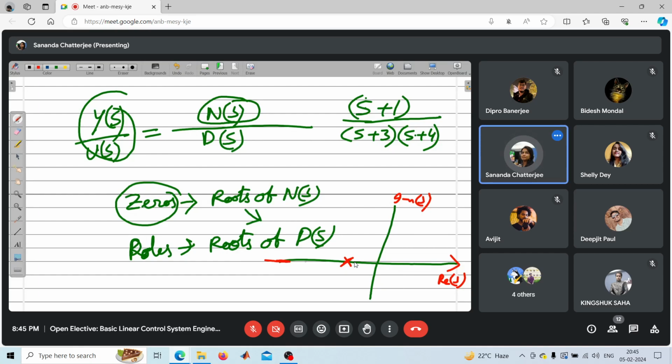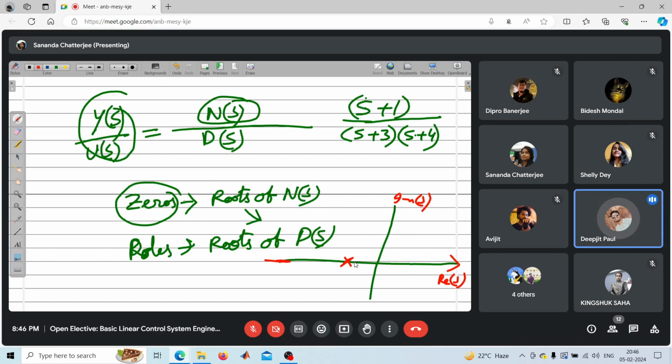So if we try to represent it in 3D, it will be a pole, an infinite amplitude point. There will be a shoot at -3. Do you agree? Okay. So that's why it is called a pole. At -3 and -4, the transfer function will actually have shoots. Imagine the S plane, and in 3D, towards you from the screen, imagine that the value of the transfer function is plotted.